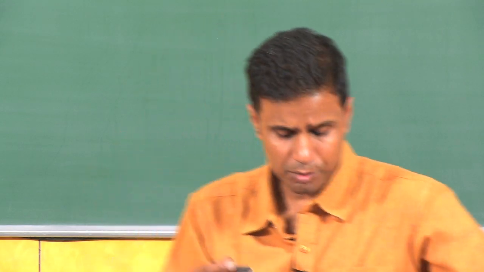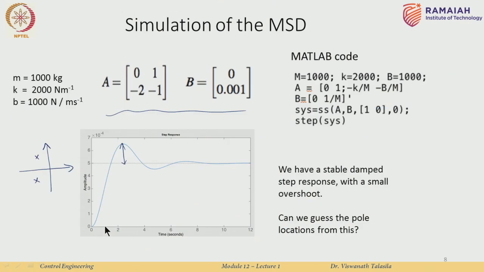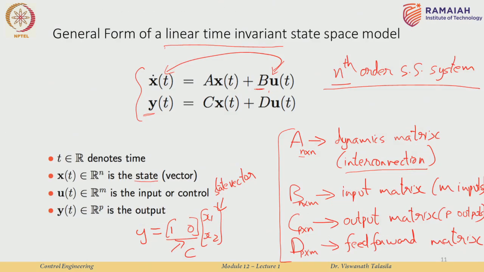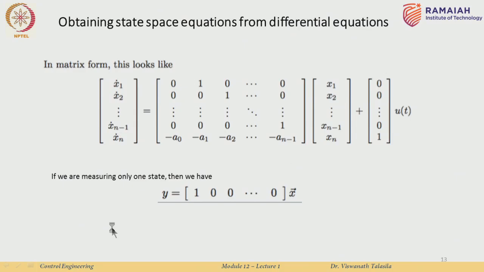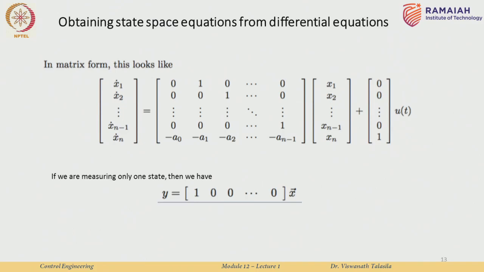In the case of the mass spring damper, if you remember, we had x1 dot, x2 dot was nothing but 0 1, minus k by m and minus b by m, times x1 x2. Now we are doing exactly the same thing, except that we want to see how this looks on the nth order system, and it looks exactly like this.